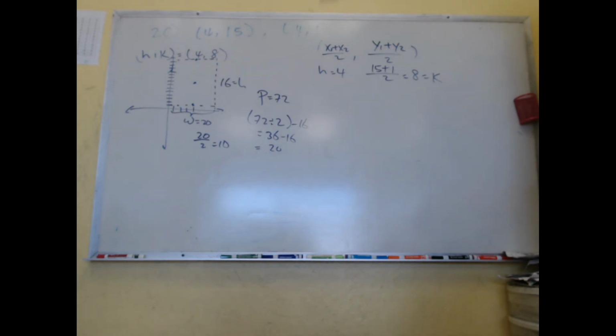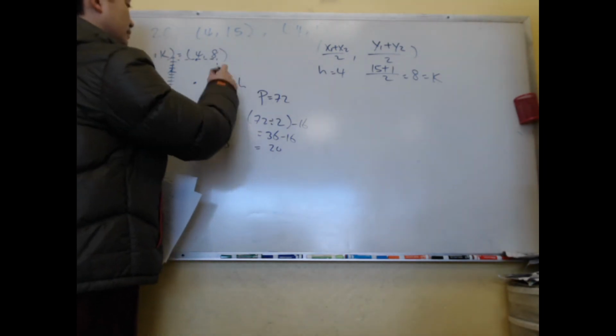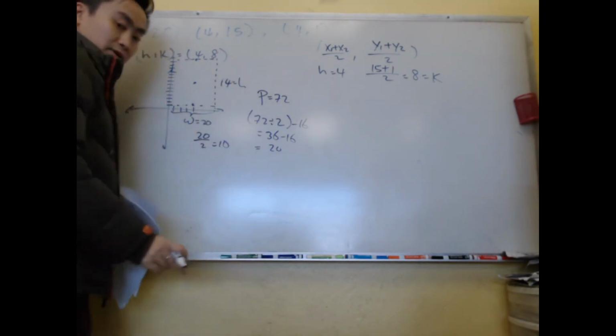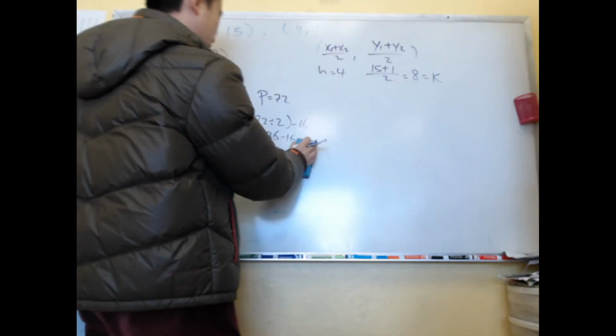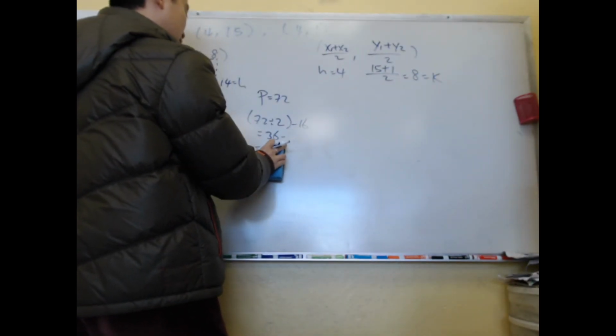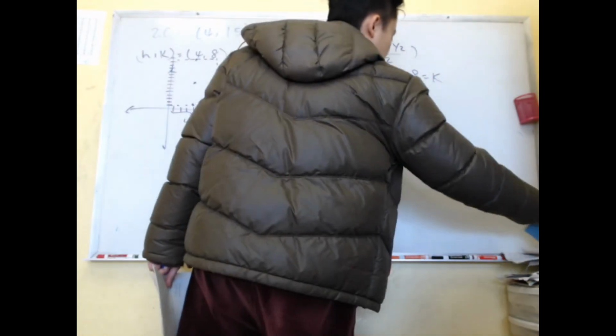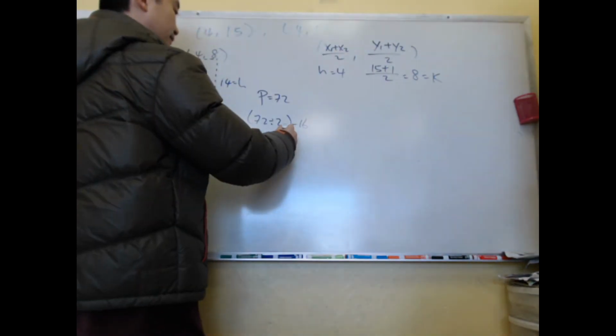Oh, yeah, the height's not 16. The height's supposed to be 14, 7 plus 7. Thank you. So that means it's 36 minus 14? Well, still an even number, and that's pretty easy to deal with.